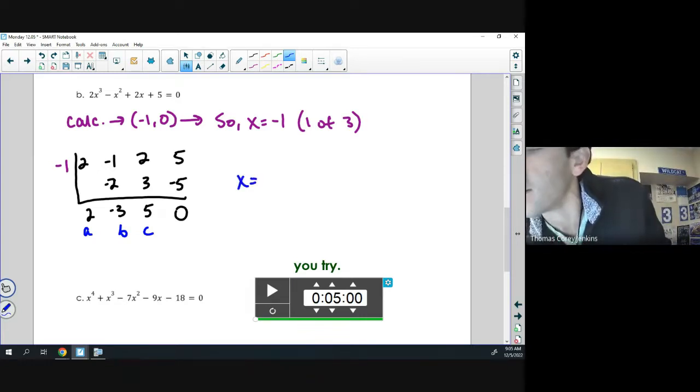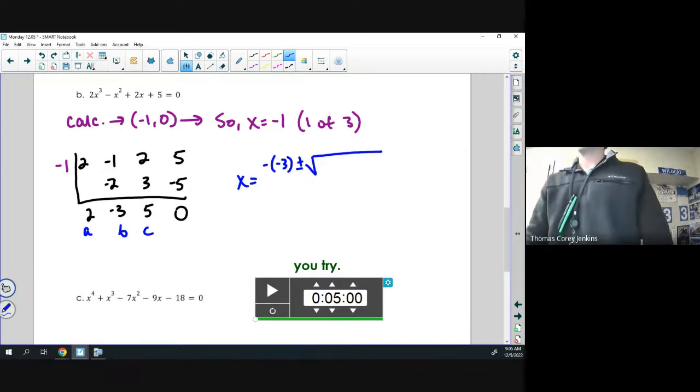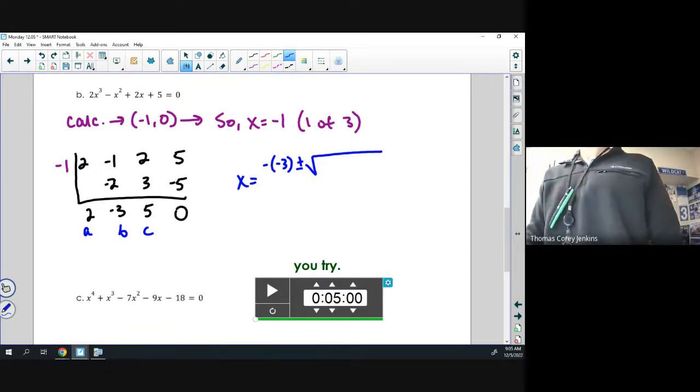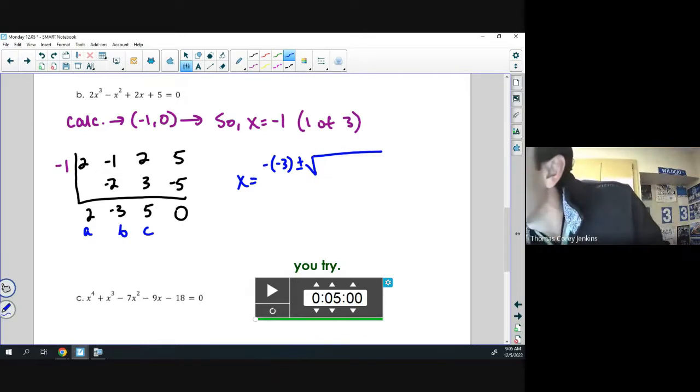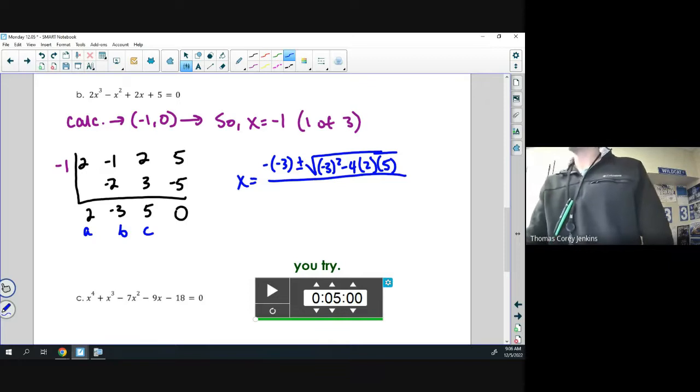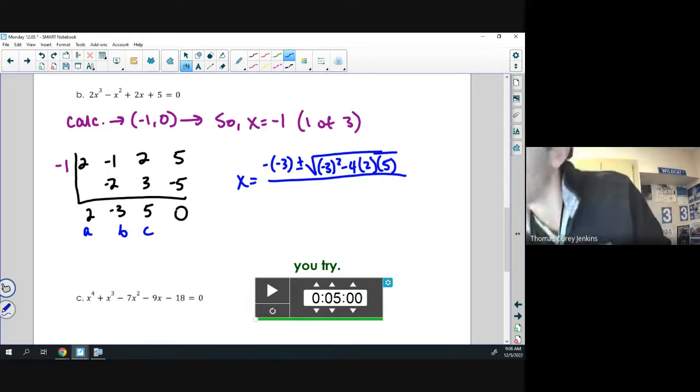We have x equals negative b, so that's negative negative 3, plus or minus the square root of that discriminant, that's the b squared minus 4ac part. So under my radical, I have negative 3 squared minus 4 times 2 times 5. And then it's over 2 times a, so in this case, 2 times 2.